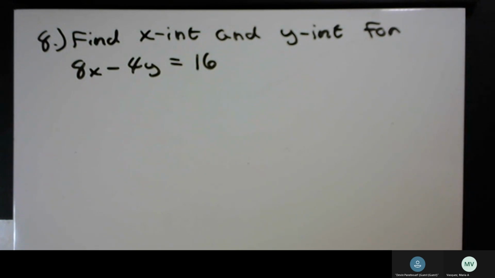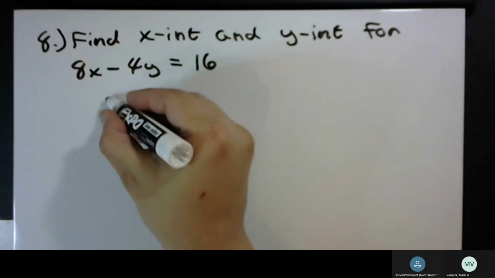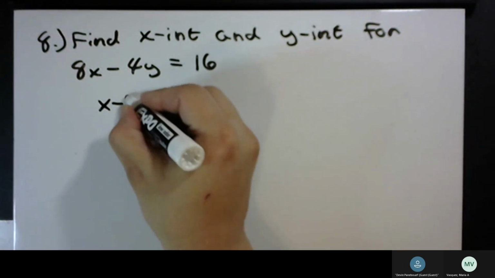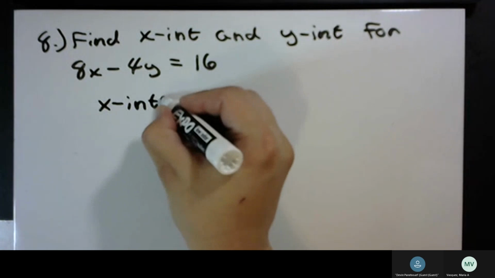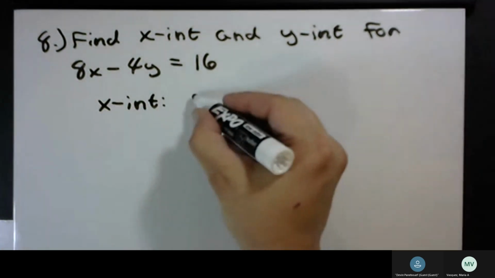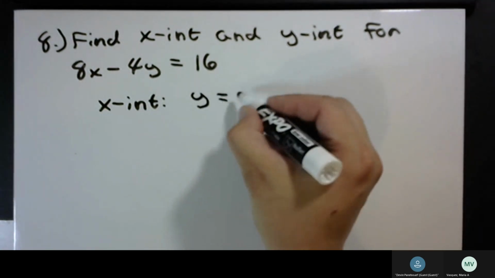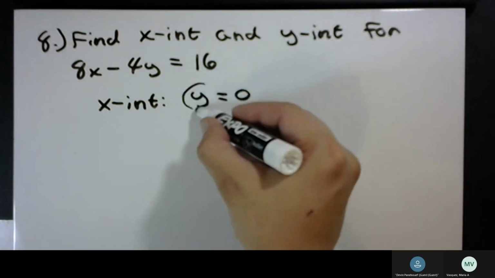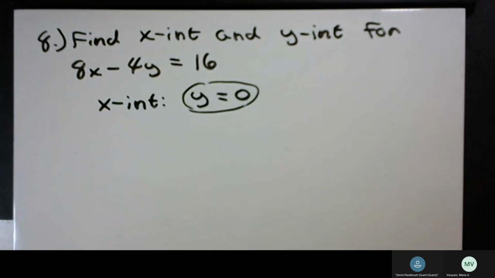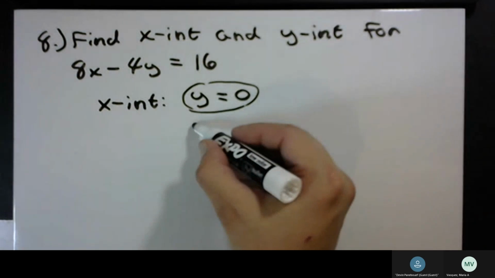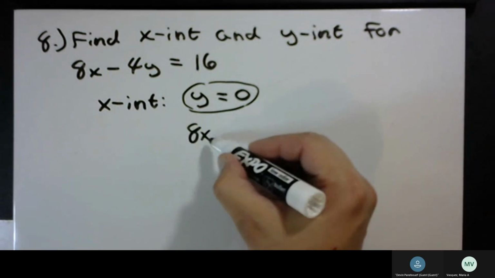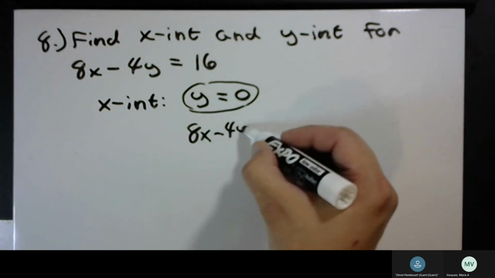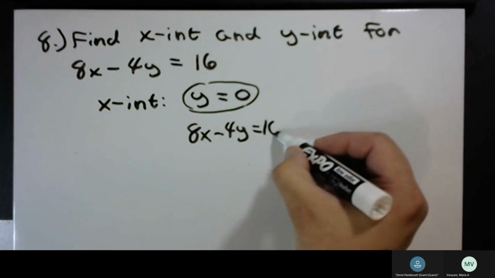So to find the x-intercept, we always do this. We start out with y is equal to 0. First thing. So that means 8x minus 4y equals 16.